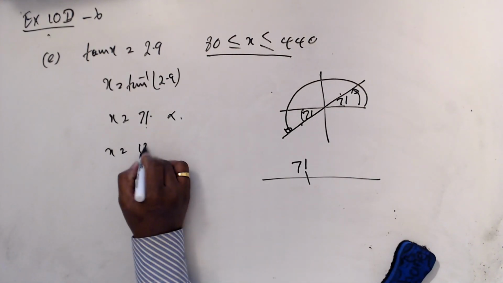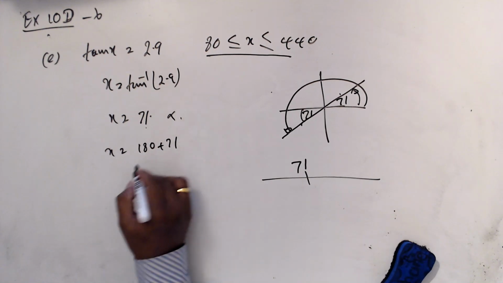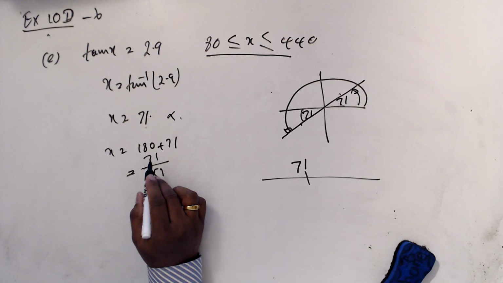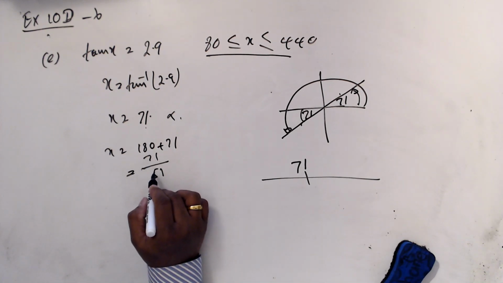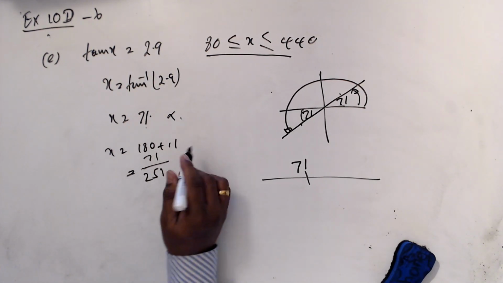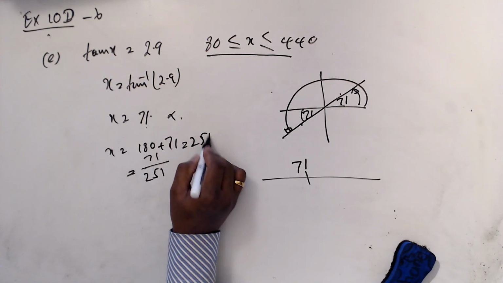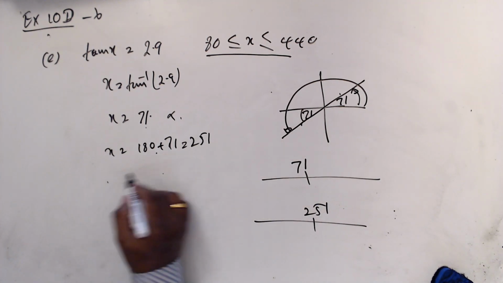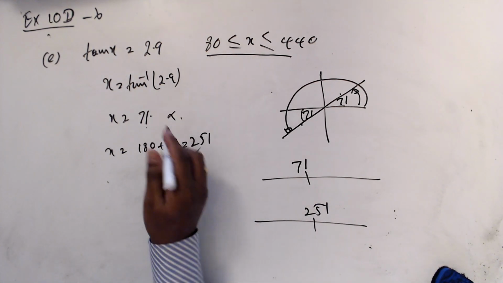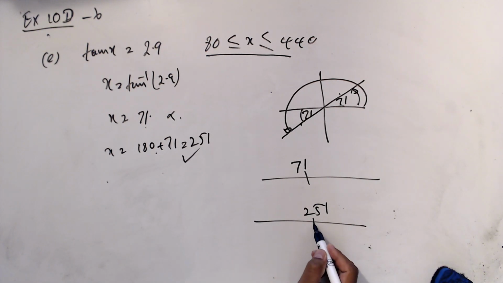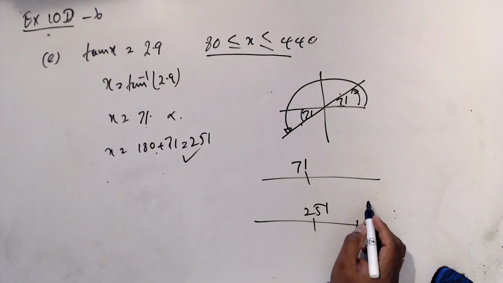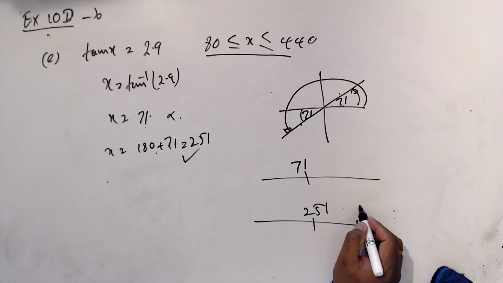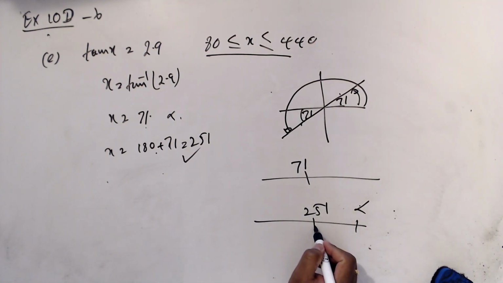is 180 plus 71, which is 251. That is within the range. If I add another 360, it is going to be more than 500, so we don't need it.